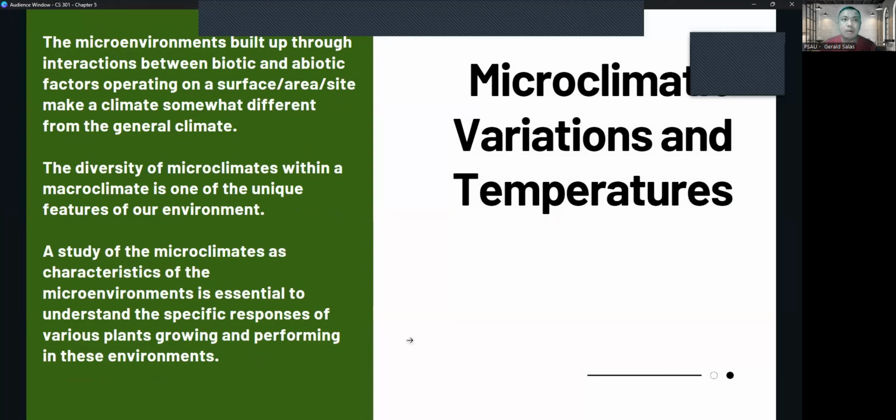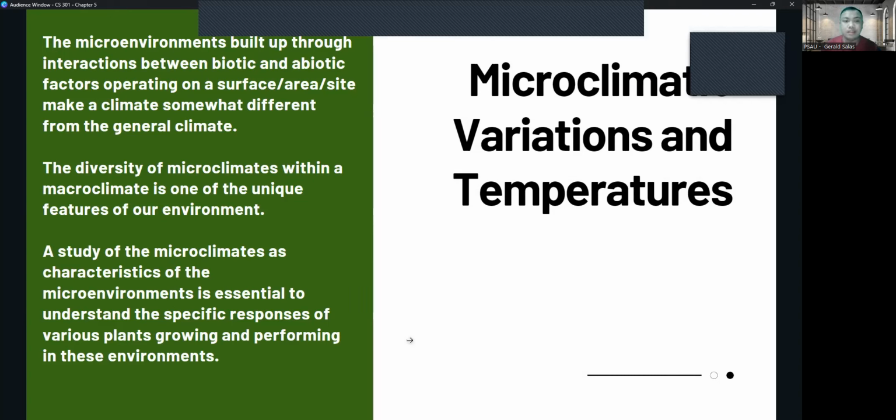For example, if we go to Pampanga, and you go to Mount Arayat, even though this is Pampanga, the temperature inside the forest of Mount Arayat is different as compared to the plains. It's because there are different interactions going on in the physical environment of that place. And this creates a microenvironment that has its own microclimate.